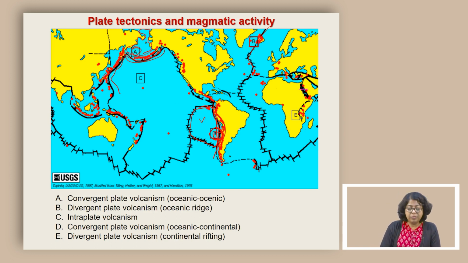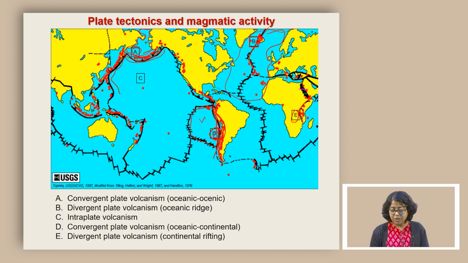The other type of divergent plate volcanism can be found in continental rifting. The example that we talked about in mid-Atlantic ridges was happening within an oceanic plate, but this one, symbolized by E, is happening within a continental plate.